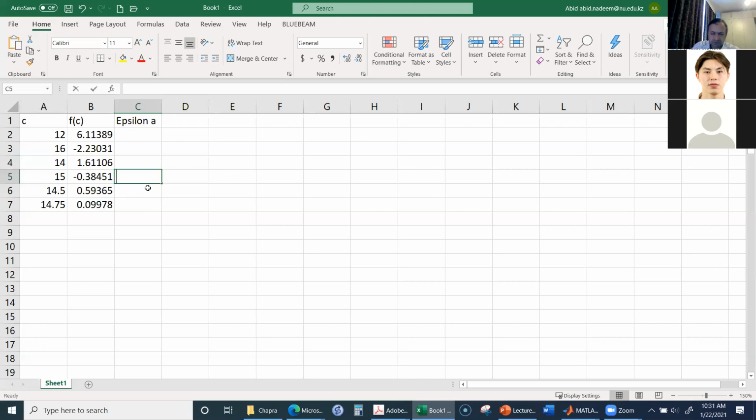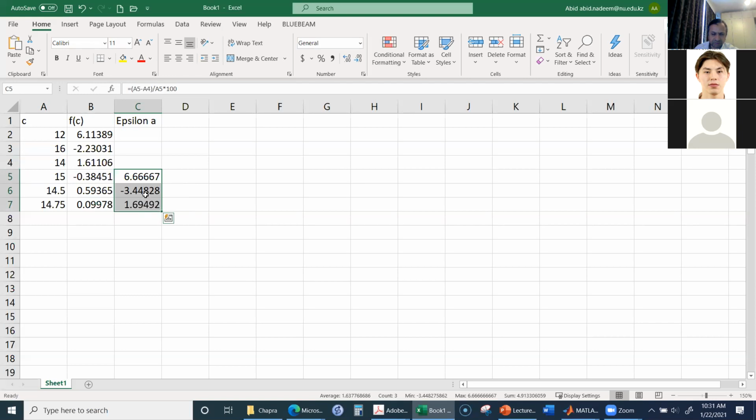So it is equal to the new value minus the old value, divided by the new value, and then multiplied by 100. So it is 6.667, and then you can see that it is now reducing.